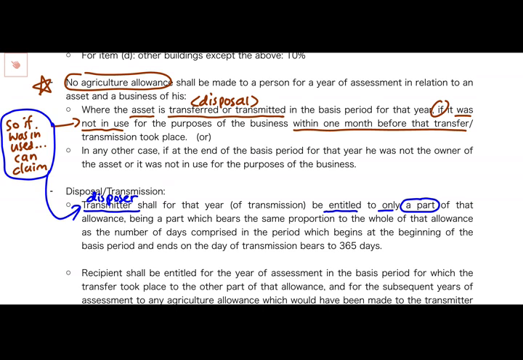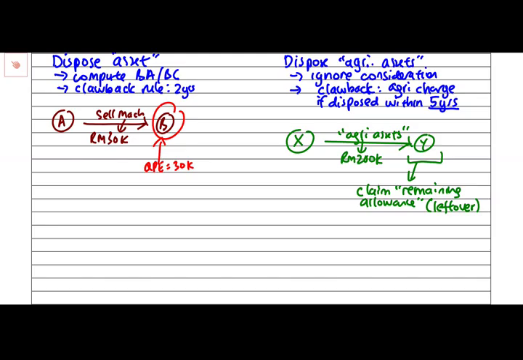Now you have to time apportion. Now I illustrate to you what it means. Let's say you dispose of your asset on 1st of July 2019. Either you call it dispose, or you call it transmit or transfer.